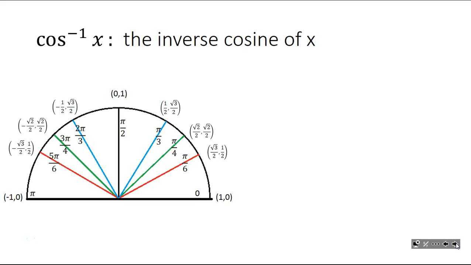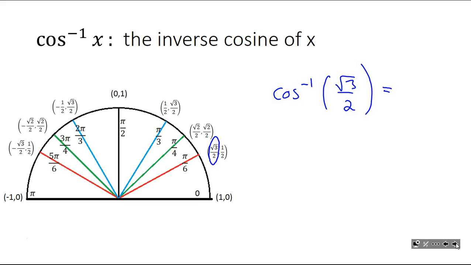So let's look at another example of an inverse cosine. This time let's let it be the inverse cosine of the square root of 3 over 2. So the answer will be an angle, and you want to find where the cosine is equal to square root of 3 over 2. That will be the x value. Notice you'll find it right here in quadrant 1.